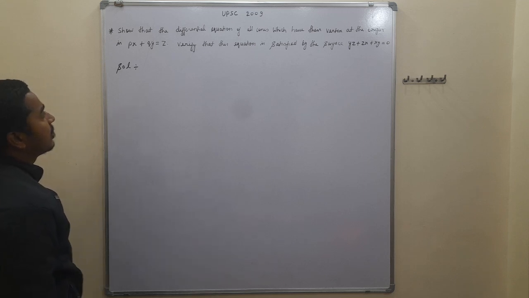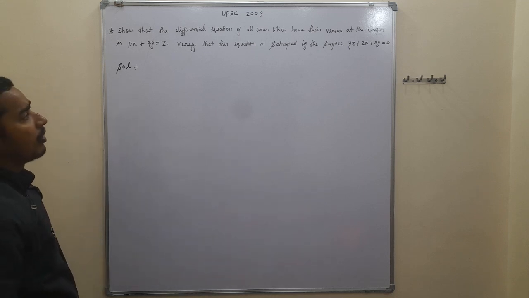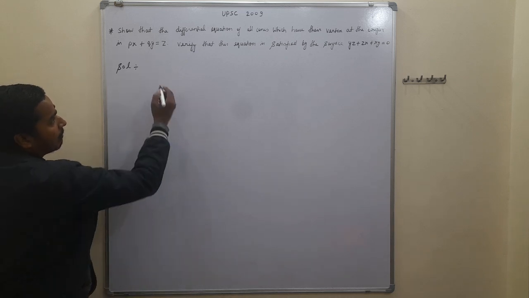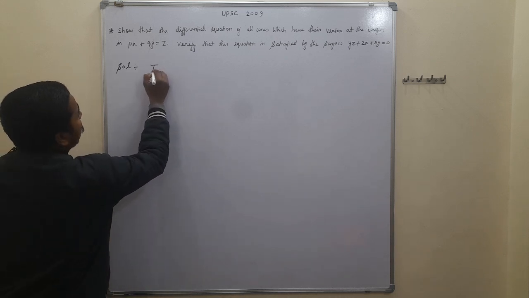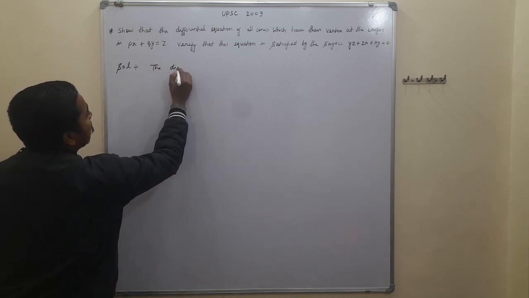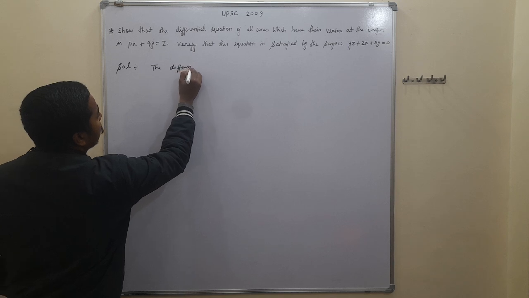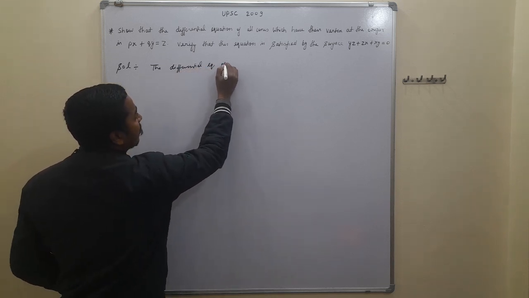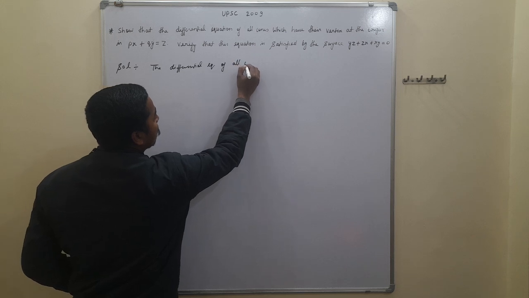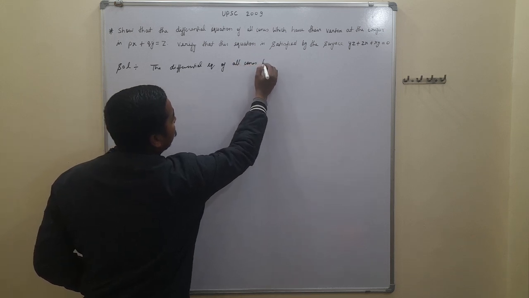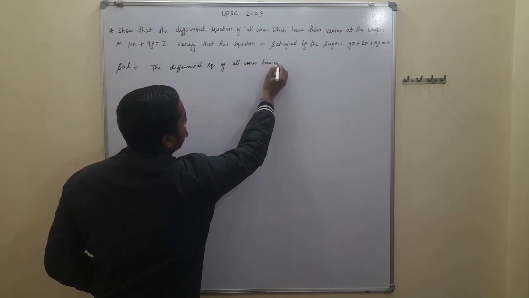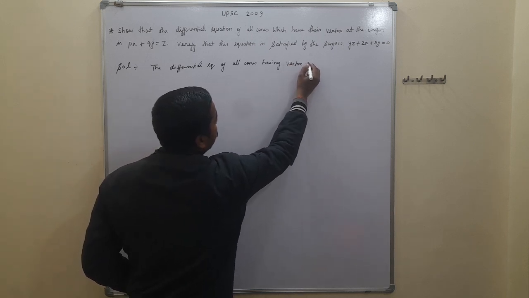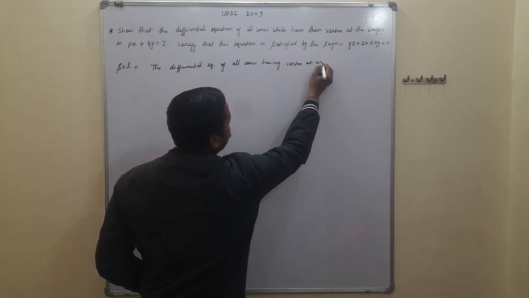In the given question, the differential equation of all cones which have their vertex at origin. So we have to write here the differential equation of all cones having vertex at origin.